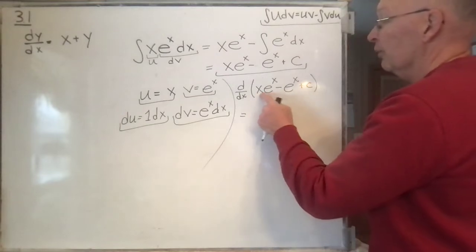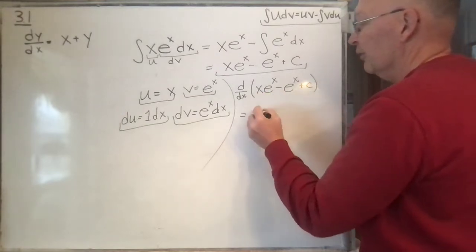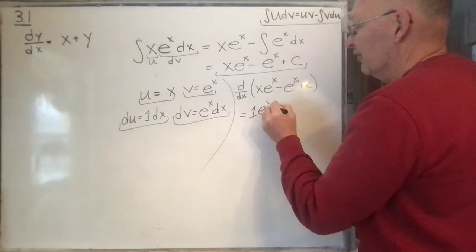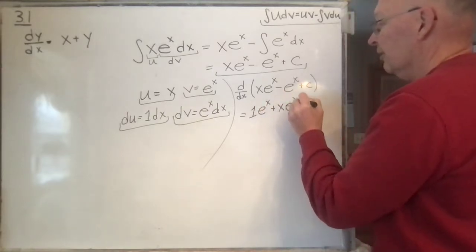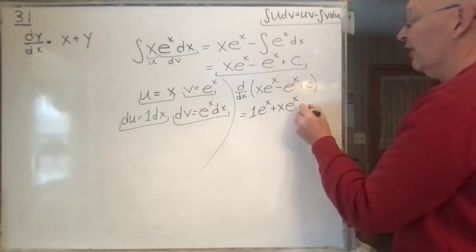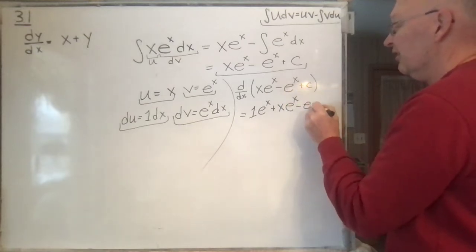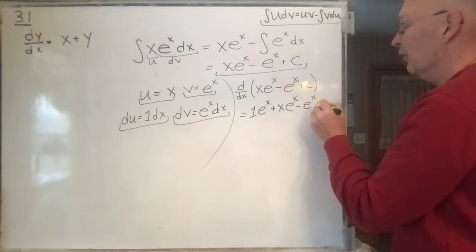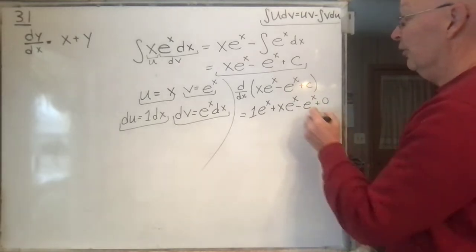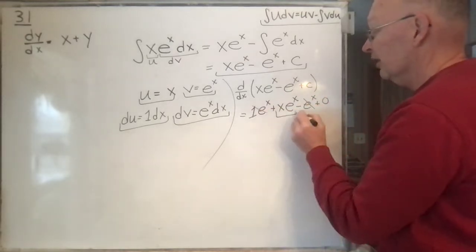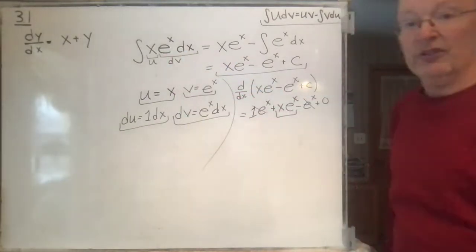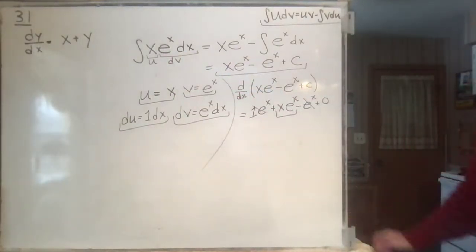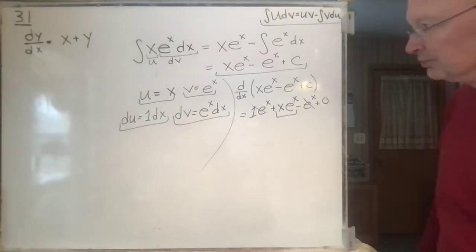I have to use the product rule here. The product rule says I take the derivative of the first times the second plus the first times the derivative of the second. And now I subtract the derivative of e to the x, which is e to the x, and the derivative of c, of course, is just a constant. And so these two things go away, and sure enough, the derivative of this thing is just what we started with. Okay? So that's called integration by parts.